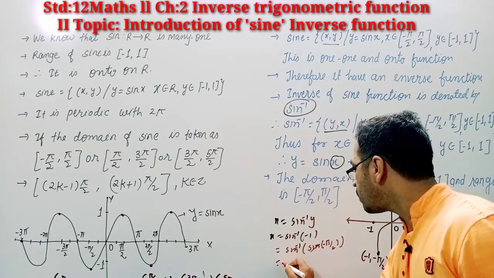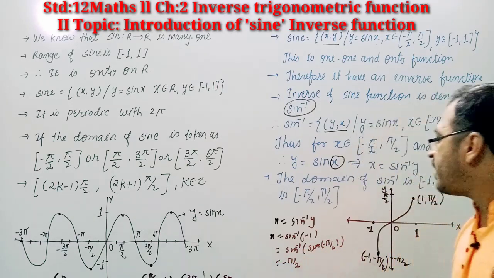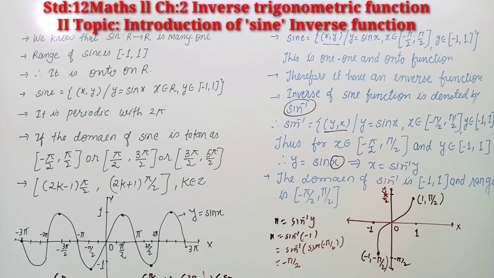This will be cancelled out, so what you are getting, minus pi by 2, right students. Similarly, for x is equal to sine inverse y, if your input value is 1, what you are getting, pi by 2. So you can verify over here sine inverse 1. So what is sine pi by 2? The value of 1 means pi by 2. So what you are getting, x is equal to pi by 2.